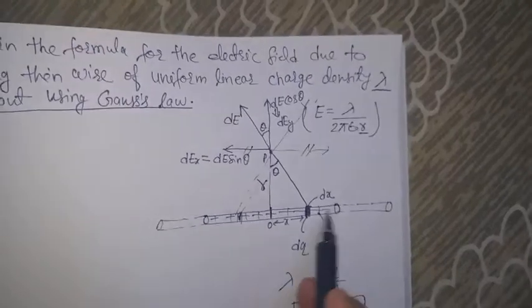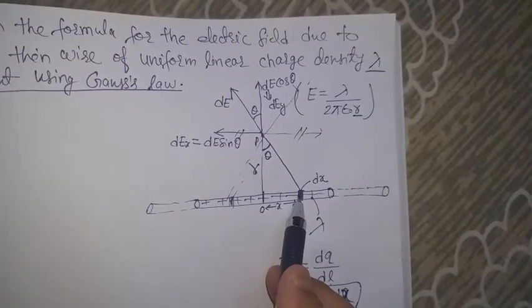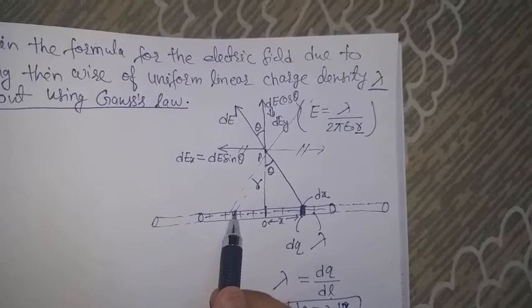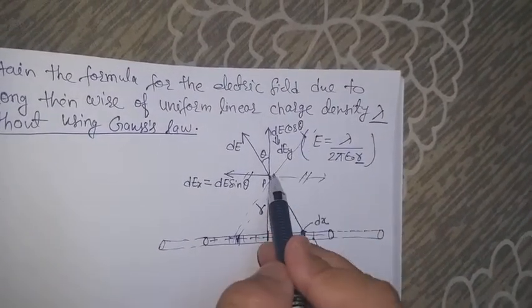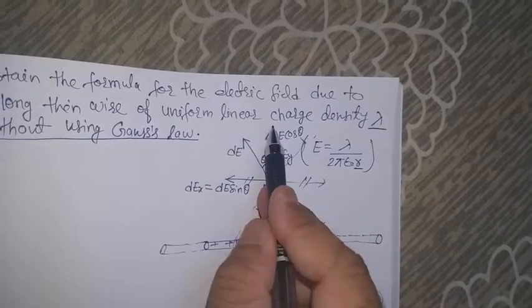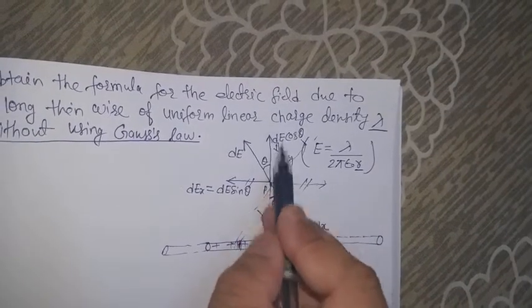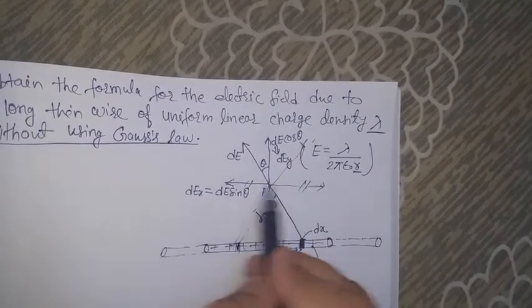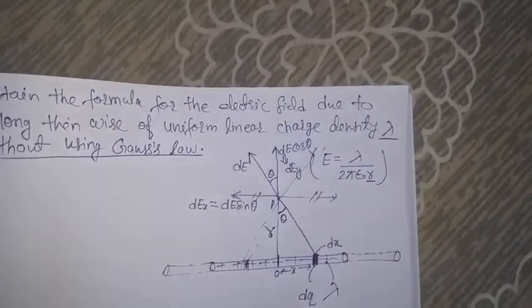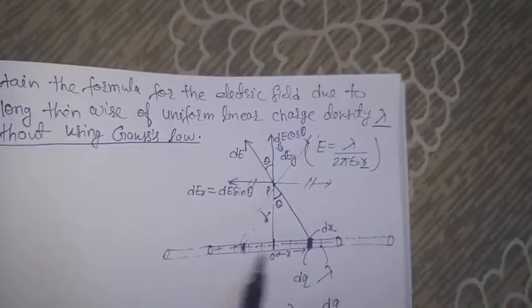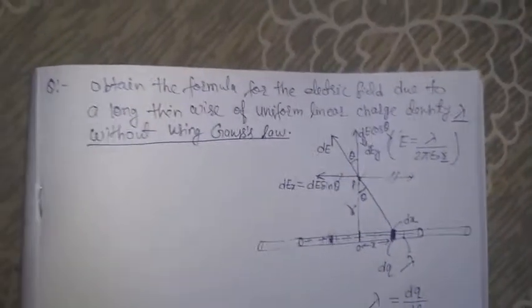Why can we neglect it? Because both charges have electric fields; the y components will be added, but the x components are opposite in direction, so they cancel out because they have the same magnitude.